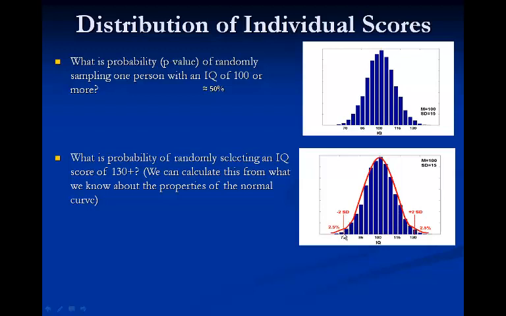So 95% of the distribution lies in this region here, and the other 2.5% lies either below -2 standard deviations or above +2 standard deviations.